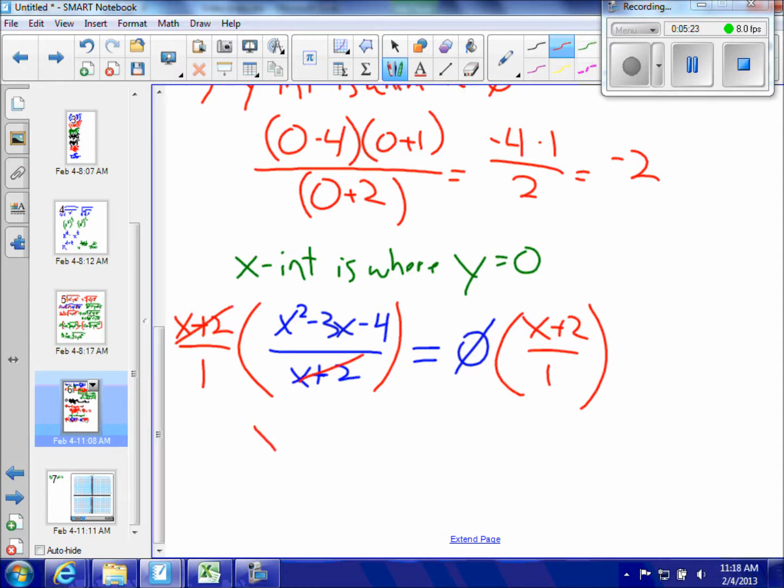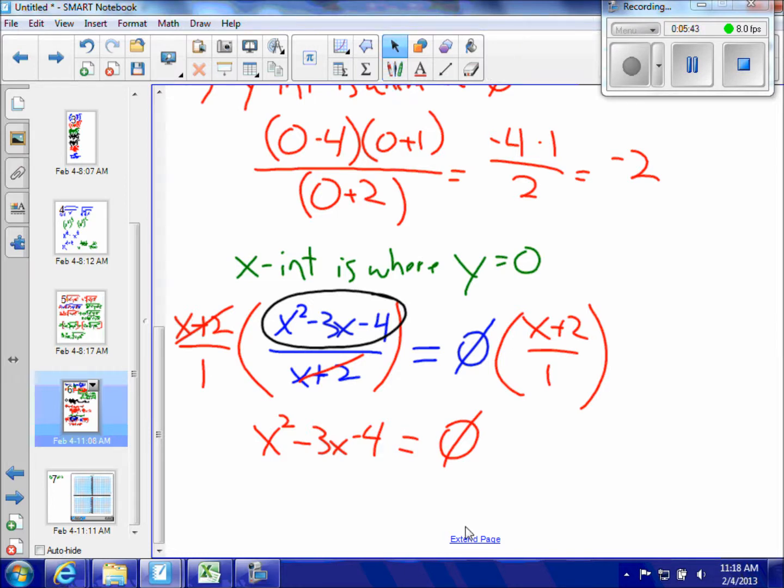I'm left with x squared minus 3x minus 4 is equal to 0. And you will notice, when I'm trying to find my x-intercepts, what I'm trying to find is where my numerator equals 0. I'm not really concerned about my denominator.